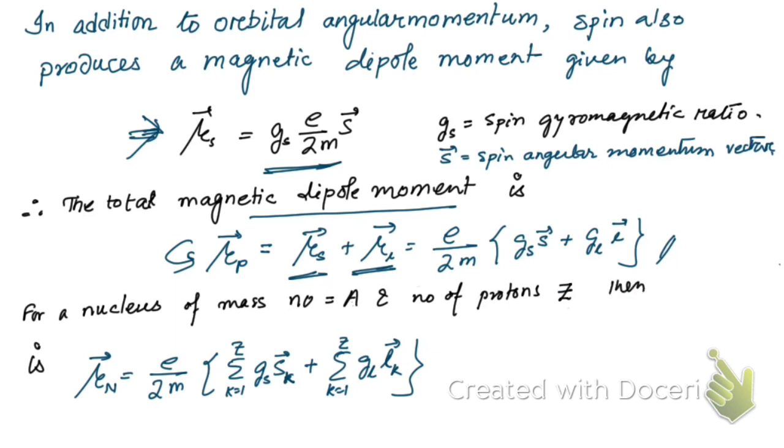Then the number of neutrons will be given by A minus Z.